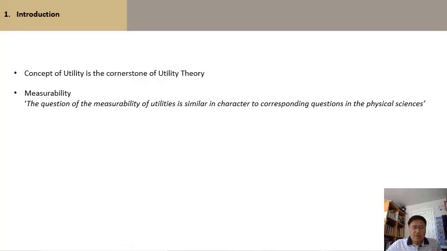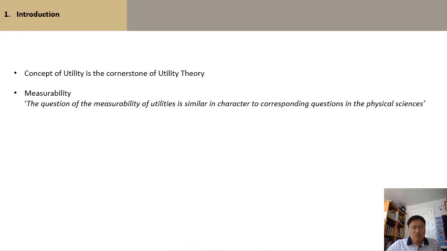As a basic concept of the utility theory, utility is a cornerstone of the whole theory, and also a very basic and fundamental concept of game theory and economics. However, the measurability of utility remains challenging.